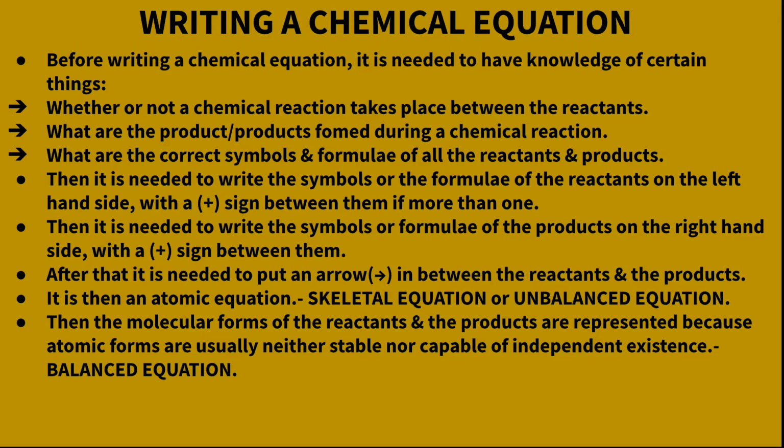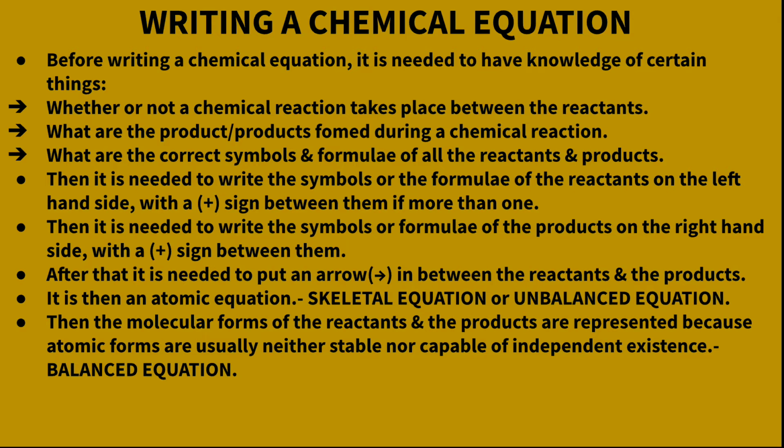After knowing all these, we write the symbols or formulas of the reactants on the left hand side, with a plus sign between them if there is more than one reactant. Then we write the symbols or formulas of the products on the right hand side, with a plus sign if more than one product is formed.